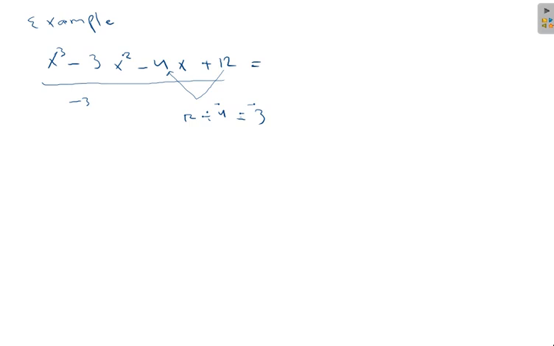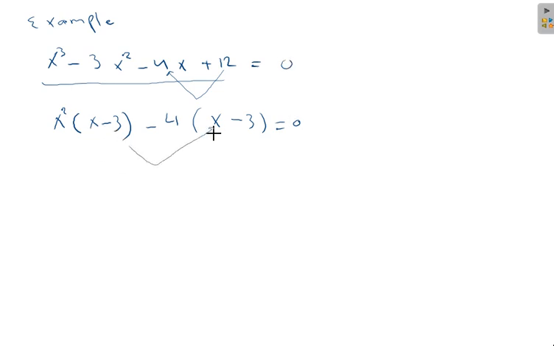So I can take a common factor, which is here x squared. If I take x squared out, what is left here is x minus 3, and if I take minus 4 as a common factor, what is left here is x minus 3 equals 0 for sure.